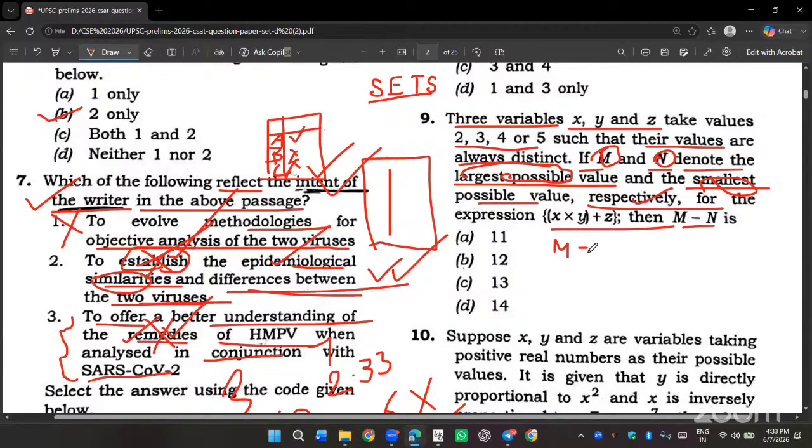So, M is equal to X into Y plus Z. N is equal to X into Y plus Z. Sir, how will it become largest, how will it become smallest? While taking small numbers, you will get the smallest value. Shall I take X as 2, Y as 2, Z as 2? You can, but it is given in the problem that these values are always distinct.